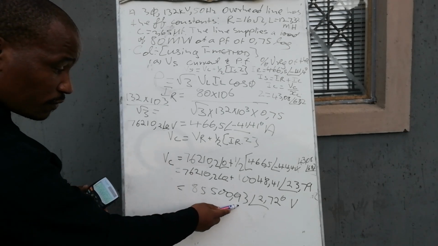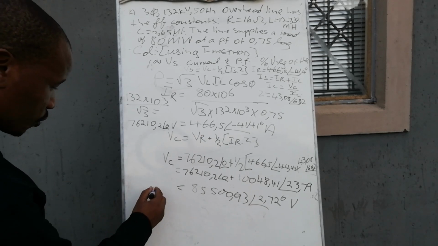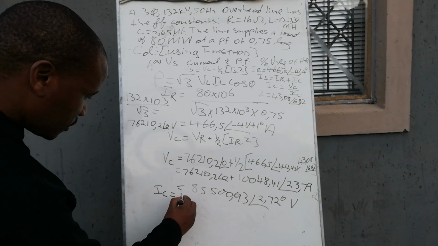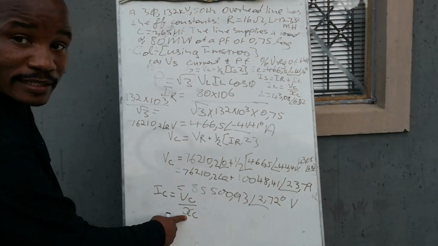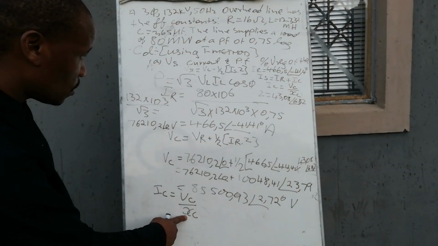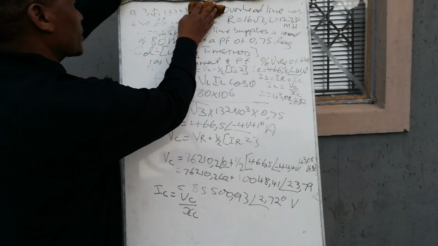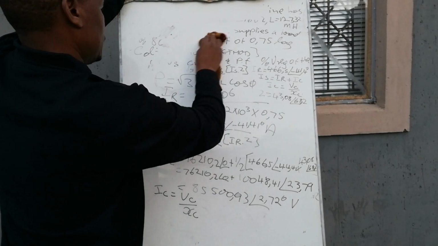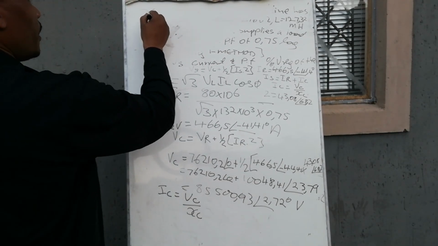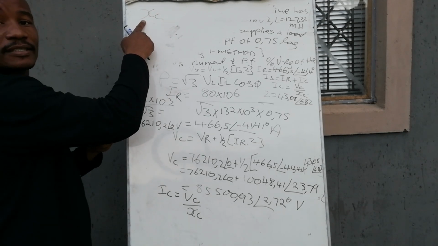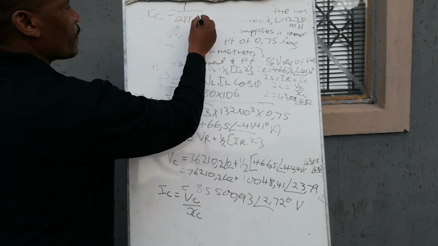Now that we've got this, we can calculate IC, which is VC over XC. But what is XC? From sub A, of course. XC, the capacitive reactance, is equal to 1 over 2 pi FC.